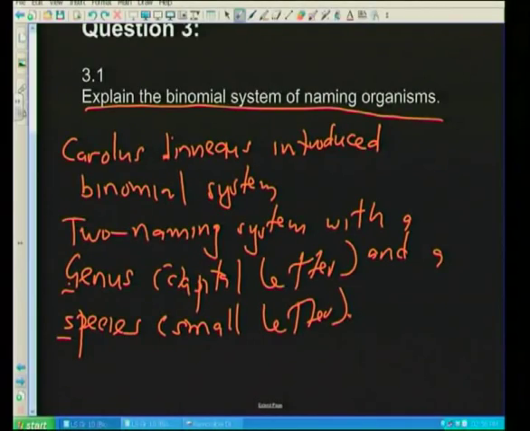And that tells you the binomial system. So you're stating who introduced the binomial system and what exactly the binomial system is. That is the genus and the species name, as well as how to recognize the genus name with a capital letter and the species name with a small letter. And then you can also give them an example.